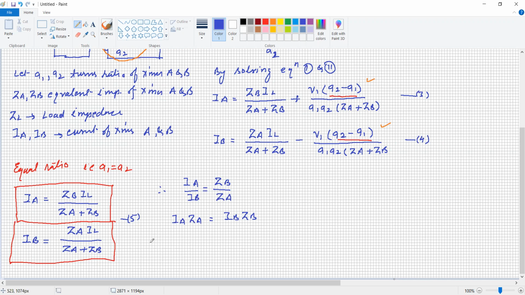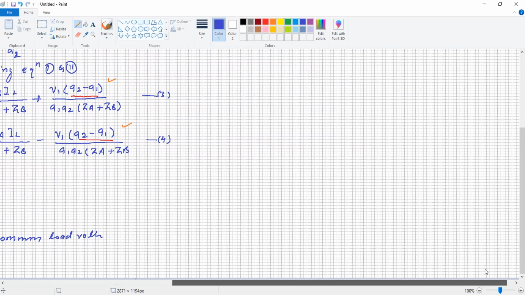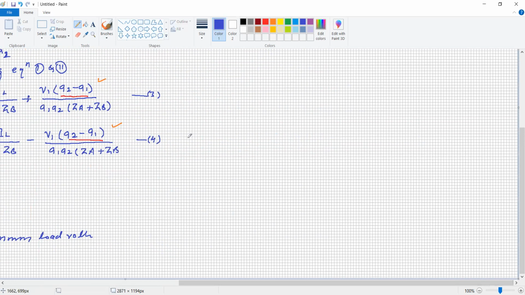equation 5 multiplied by the common load voltage. So what would be that value?